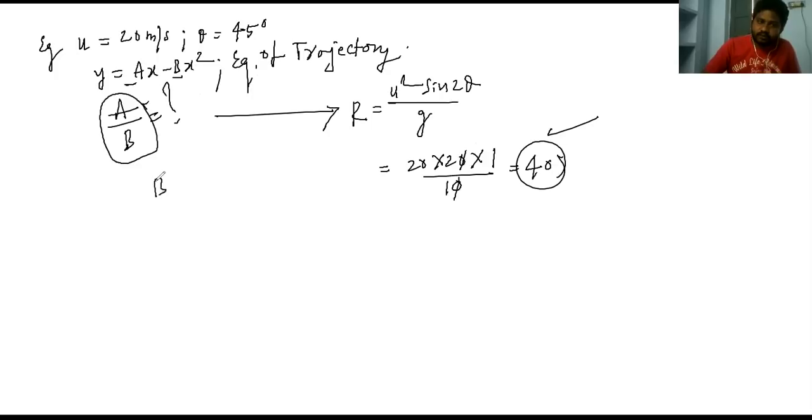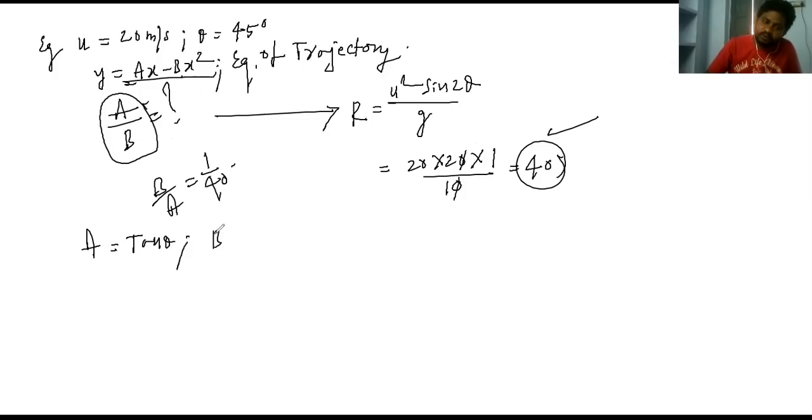Sometimes the question may be b by a, which is 1 by 40. And if, for example, you forget that a by b is equal to the range, you can also do it this way. You have your a value, which is equal to tan theta.